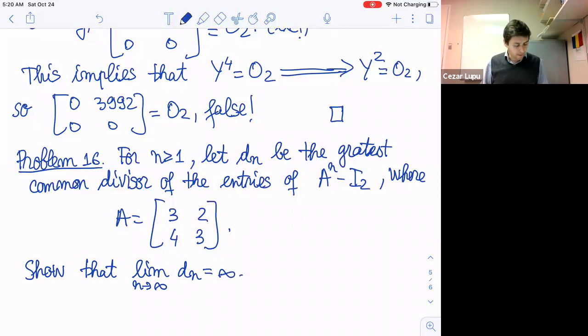And this was a Putnam B4 in 1994, I think.